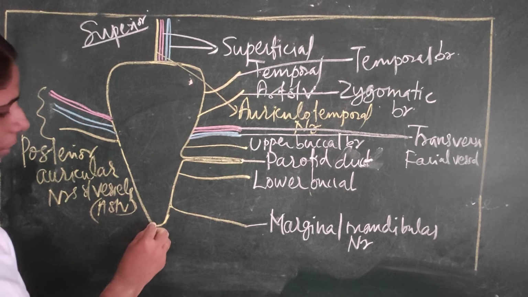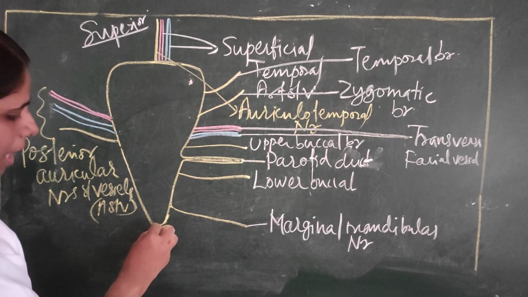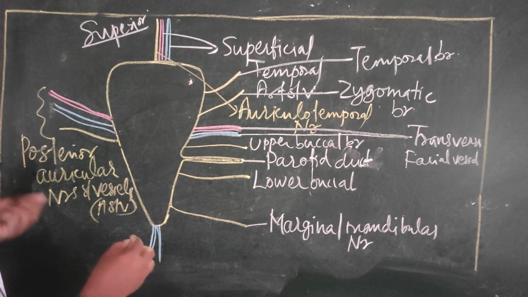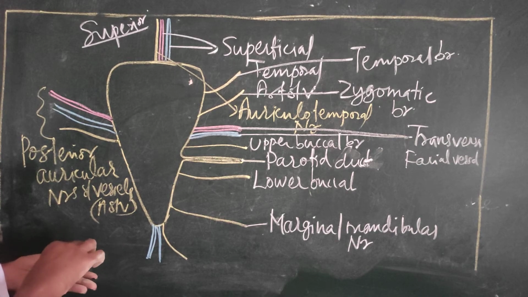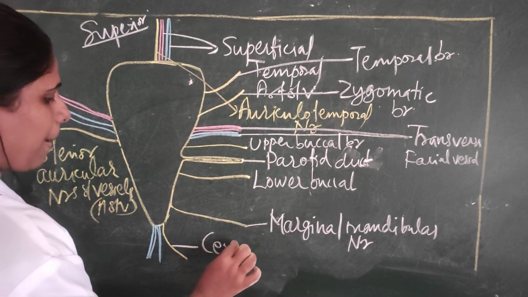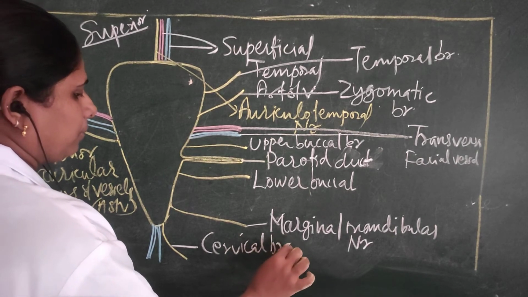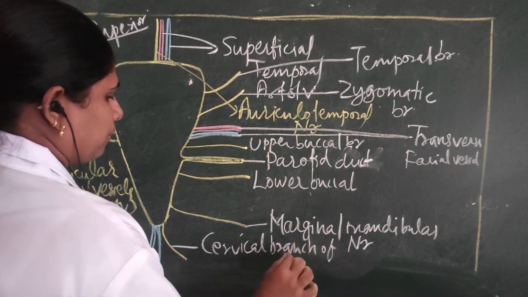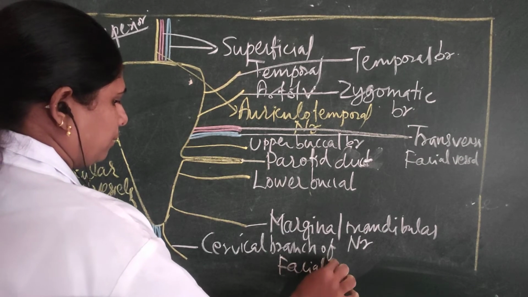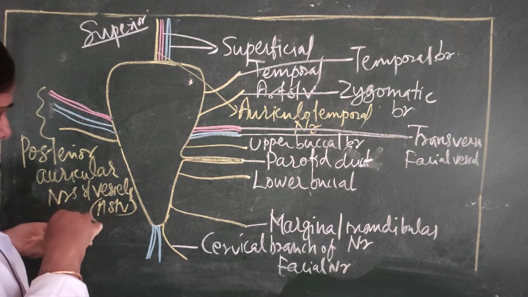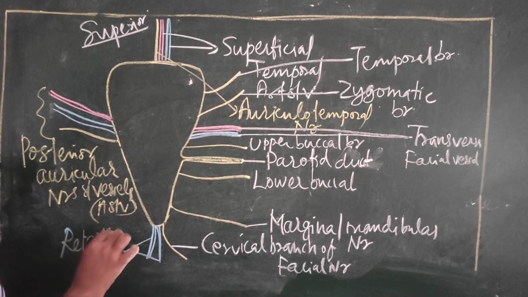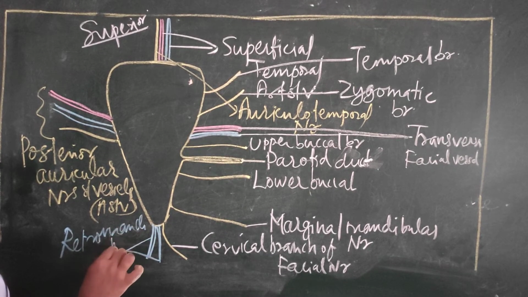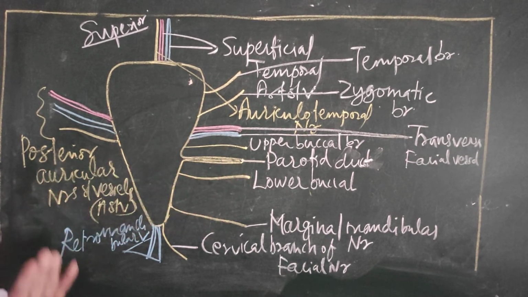And again through the apex, the structures emerging are the anterior and posterior divisions of the retromandibular vein and the last branch, the cervical branch of the facial nerve. Retromandibular vein. So these are the structures that emerge from the parotid gland.